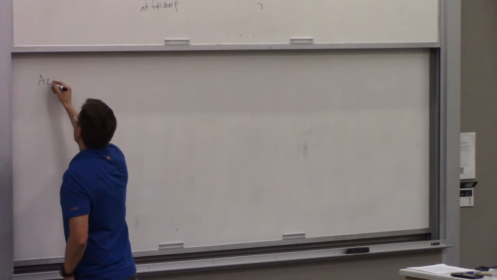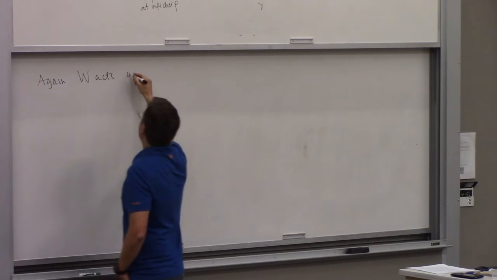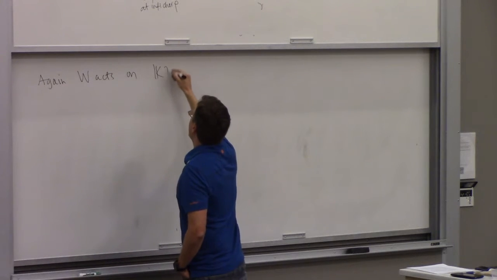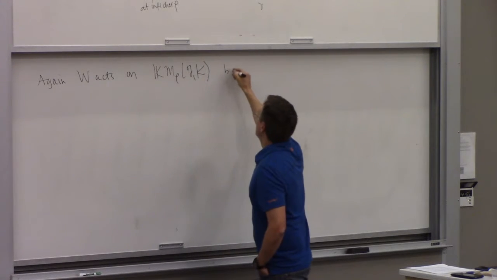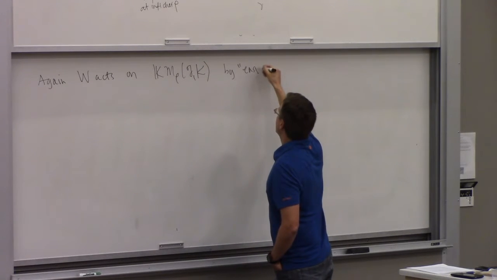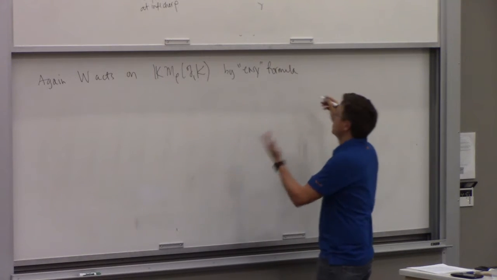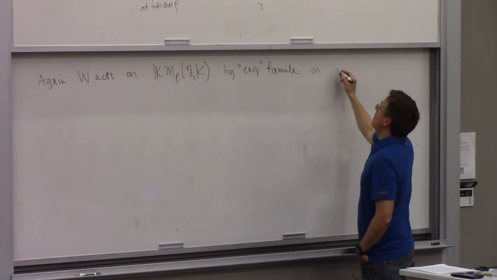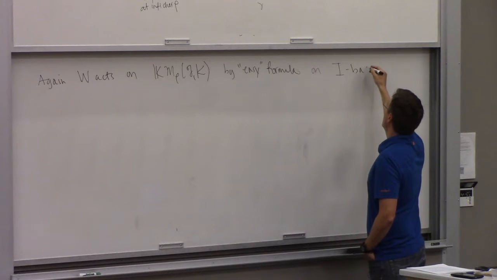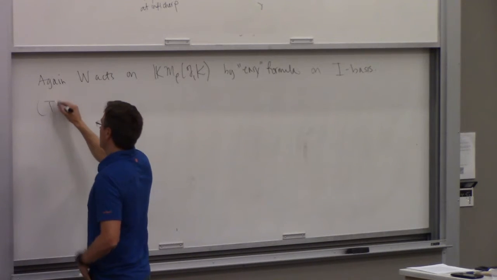So again, W acts on, and there's some easy formulas. Why the formulas work, I'll maybe say a word or two about easy formulas on the I basis. This is called coherent continuation.